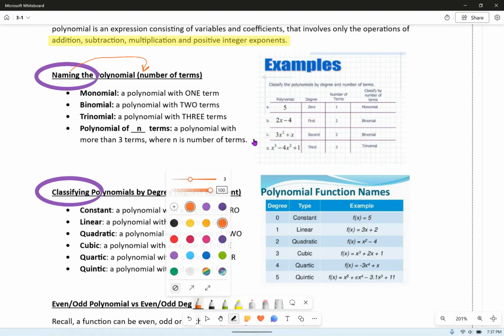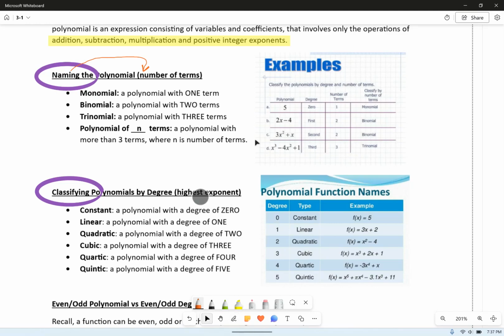There's nothing difficult at all with regards to what is being required here. Again, all I'm asking you to do when you are naming a polynomial is to make sure that the naming matches the letter N to remind you that it's the number of terms. So all you need to do is count.